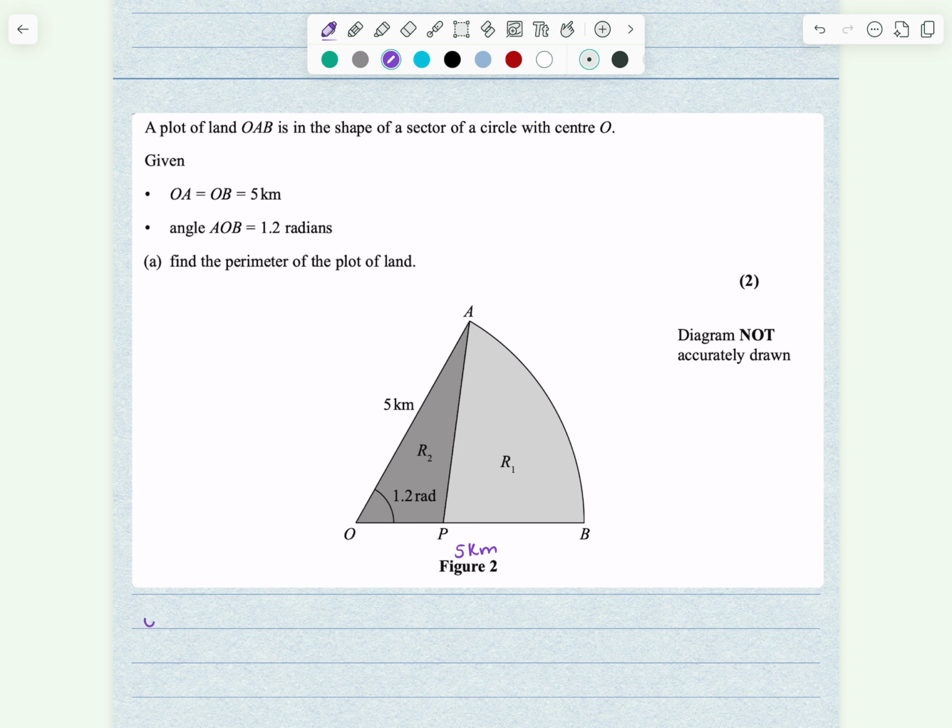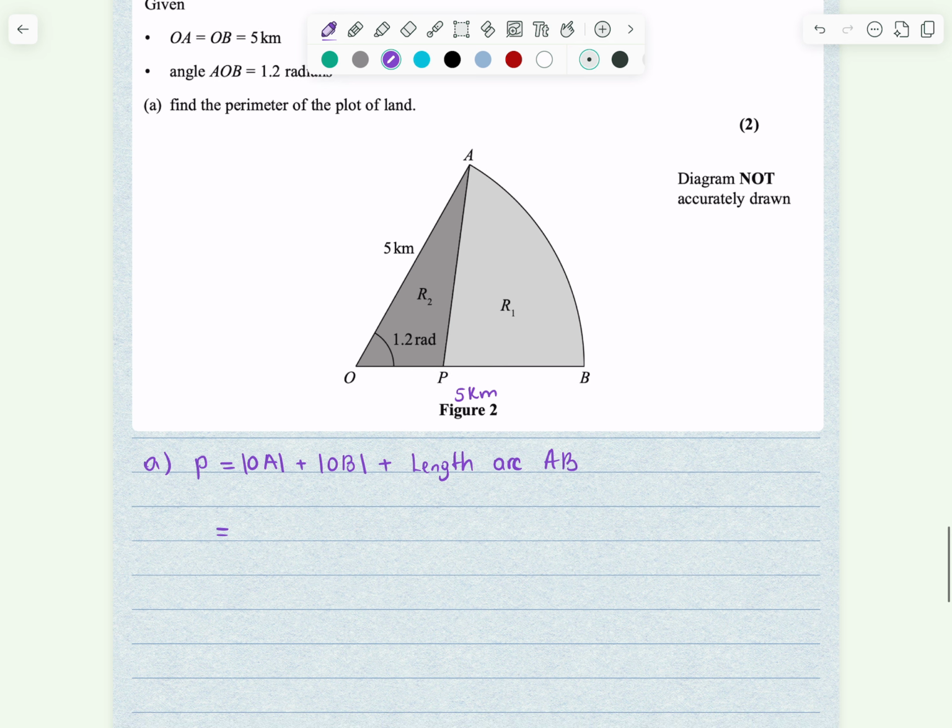So in general, the perimeter of this shape is the length of OA plus the length of OB plus the length of arc AB. AO and OB are 5 and 5, so let's write it as 10 kilometers already.